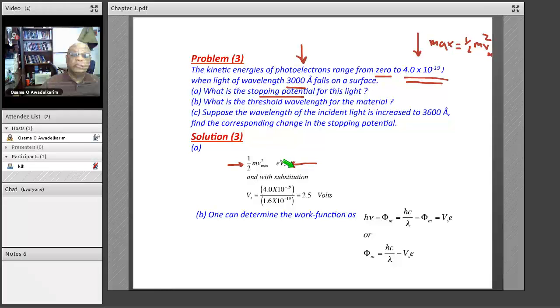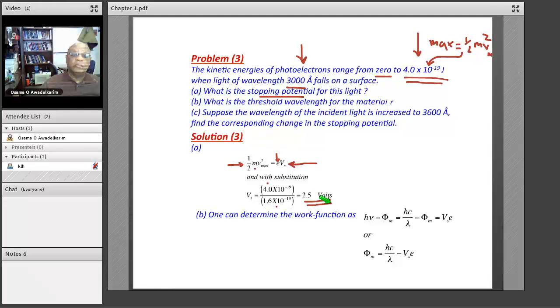The maximum kinetic energy is this value here, 4 times 10 to the minus 19 joule, divided by 1.6 times 10 to the minus 19 coulomb, which is e, the electronic charge. That gives us 2.5 volts.